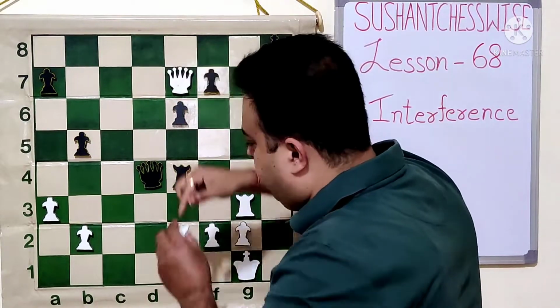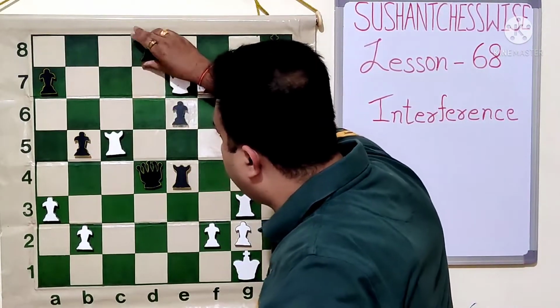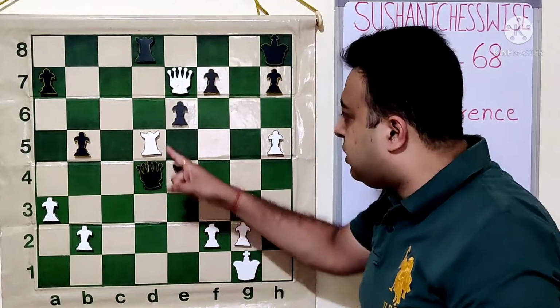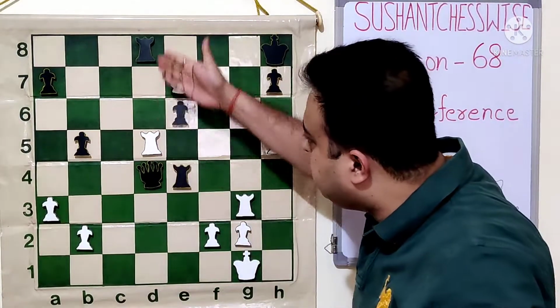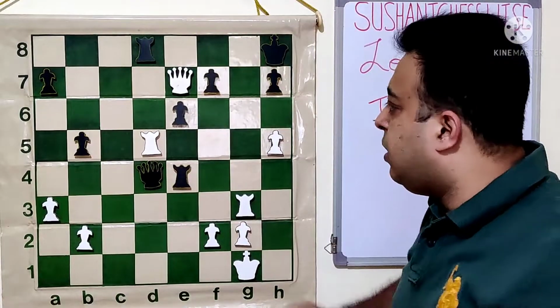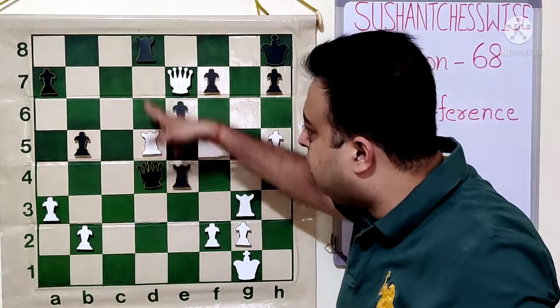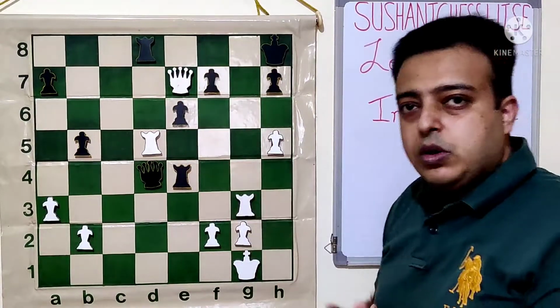So with this move, at once white is able to attack many things. He is deflecting the queen, he is interfering along this path, and he is causing other interferences. Suppose pawn takes, the queen's defense of the rook is lost.